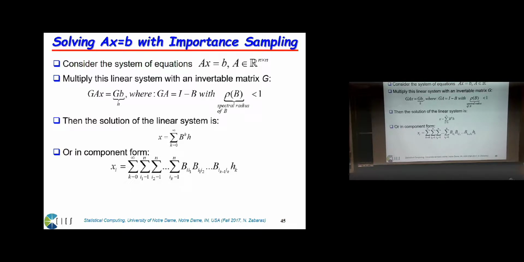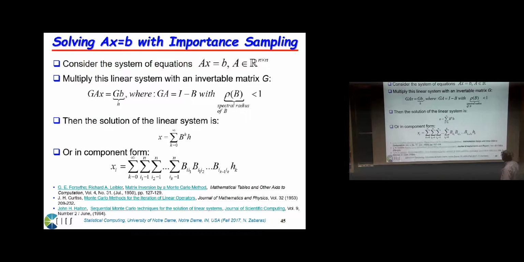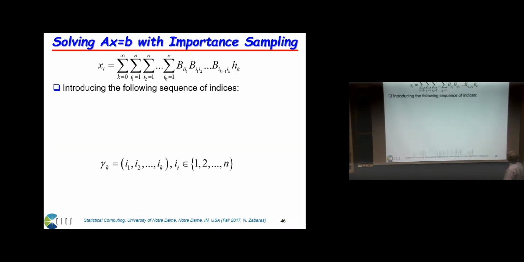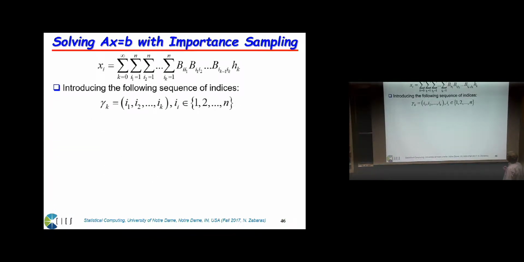All right. Tell me now, let me see if I give you another hint. Wait a second. So, I'm going to define gamma k to be a vector of these indices I1, I2, Ik.